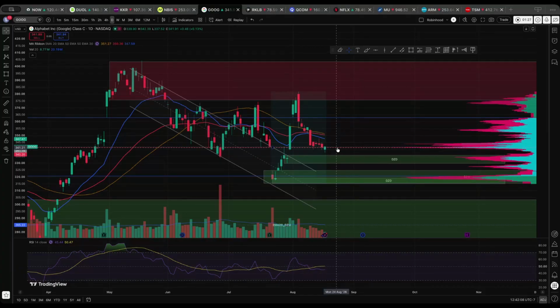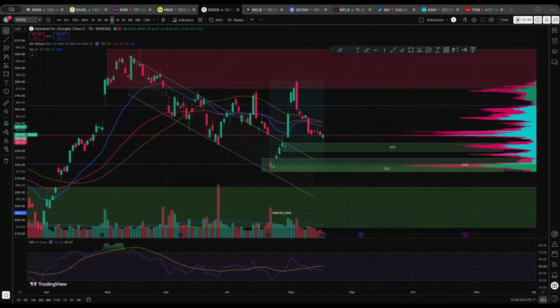This also tells us the zone below is a stronger structural level, but this current zone also has heavy volume behind it, which gives me confidence it can hold and produce a solid bounce for a long trade.